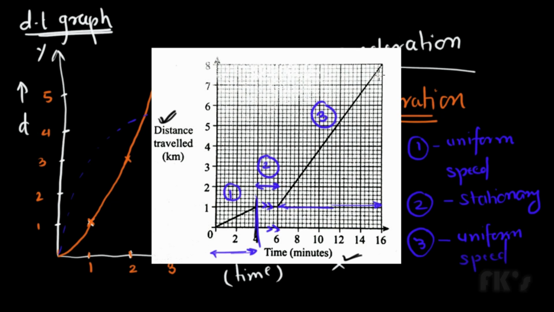It is how do I calculate the speed from a distance time graph, because that's important, and in order to do that I need to just make more space. From 0 to 4 minutes, the change in the distance, the distance that it travels, is 1 kilometer, and the time that it takes is 4 minutes.